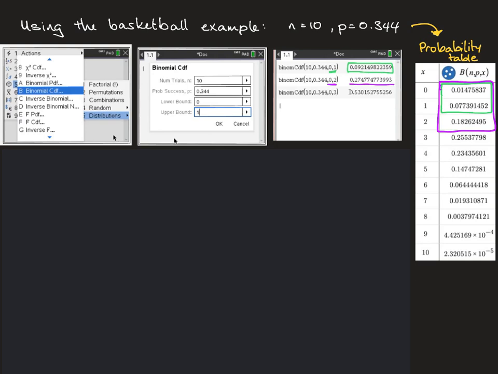And so you can see I've done it a third time from 0 to 3, which is adding up all of these probabilities. And this time it adds up to more than 0.35. So our median must be one of the numbers that is in.